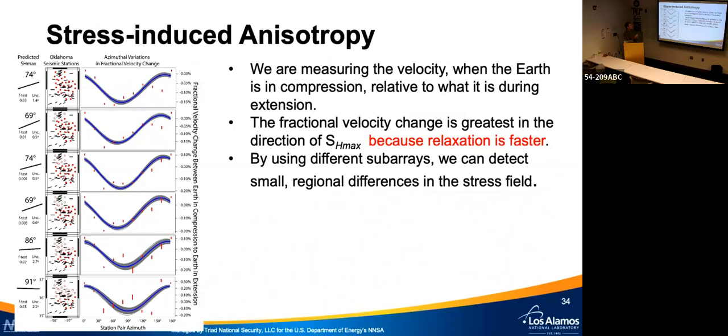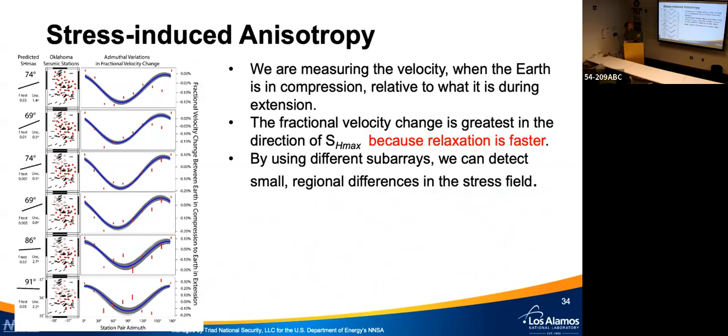And so the minimum here is the area where that peak-to-peak amplitude is the biggest in the velocities, and that will be the orientation of SH max, because that's the direction that the tectonic stress field is speeding up the relaxation time. And then over here, where it's slower, or a smaller negative magnitude because of the sign convention I'm using, is where the relaxation rate is slower.